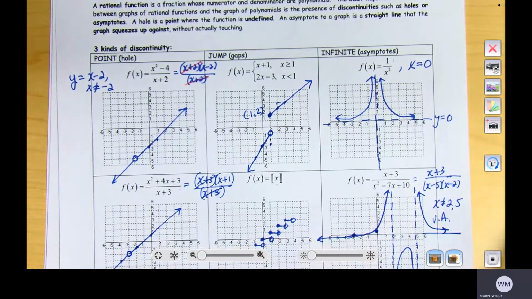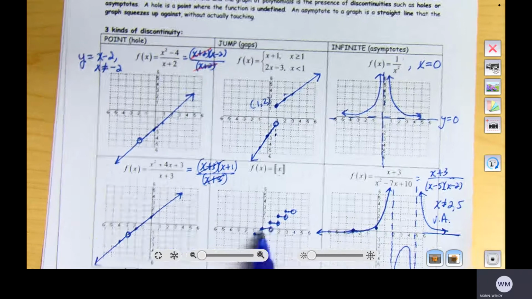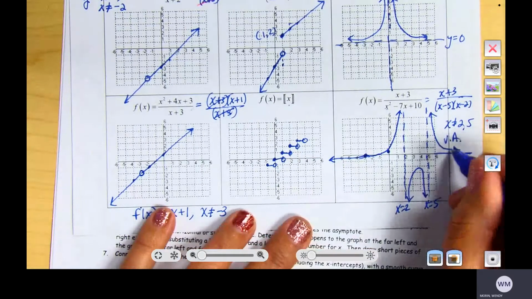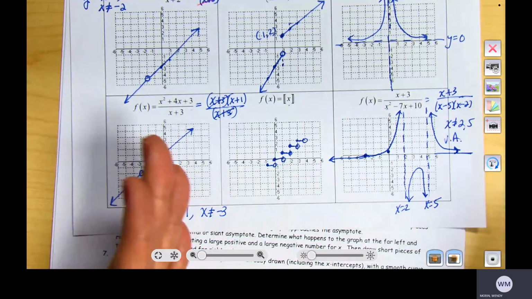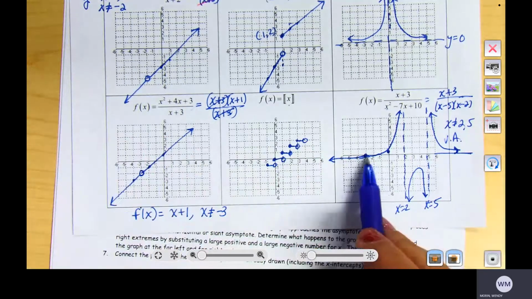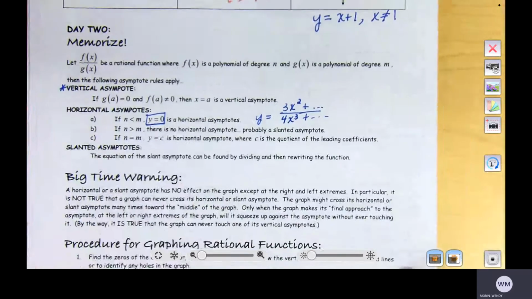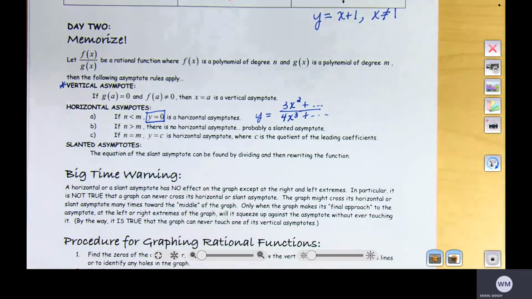So you can cross a horizontal asymptote here, but down here at infinity, negative infinity, positive infinity, at the ends of the graph, it's end behavior. So don't freak out about that. However, the end behavior of the graph will approach y equals 0.